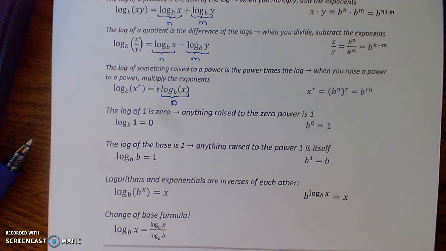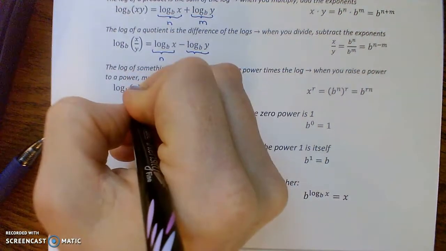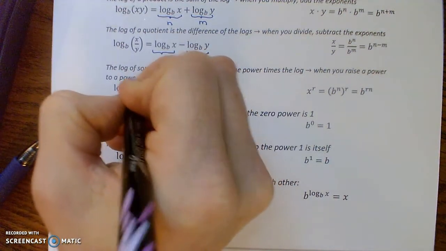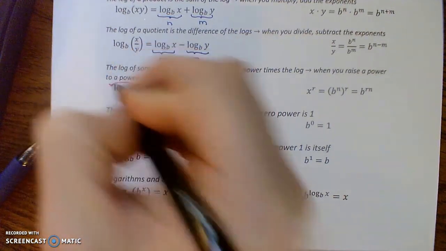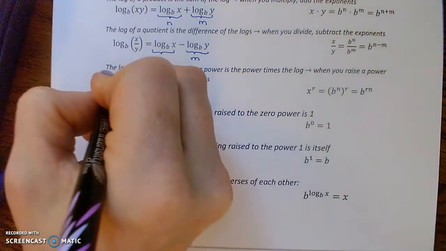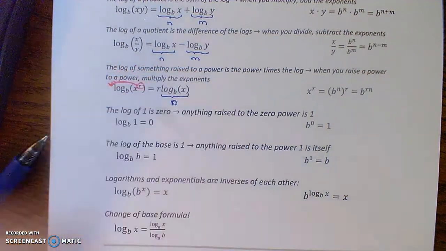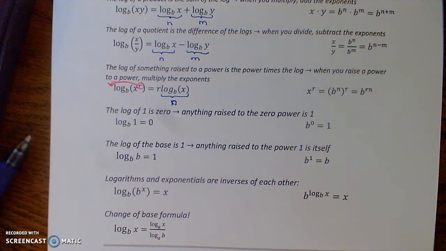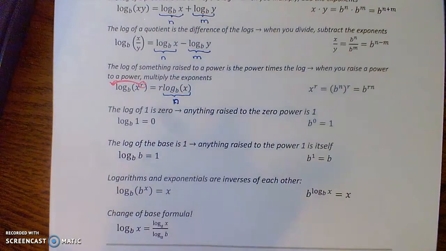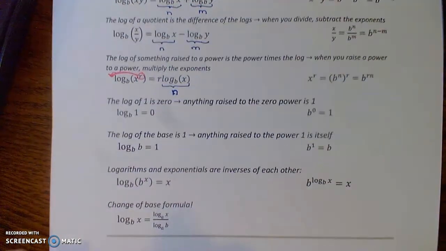Sometimes we imagine that when you have something raised to a power on the inside of the logarithm, you're going to put that out front. Okay, the exponents get dropped down. All right, and those are the three basic properties.